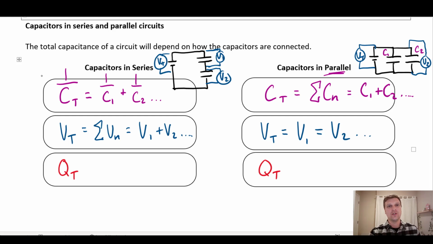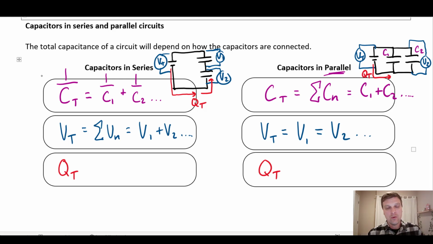And that's Kirchhoff's junction rule, Kirchhoff's current rule, that says whatever flows in to a point has to flow back out. But when I say total charge, what I'm saying is, let's think about the total charge that flows out of the battery right here. So I'm thinking about QT as the total charge that flows out of the battery in each case. Okay, so that's the charge there.